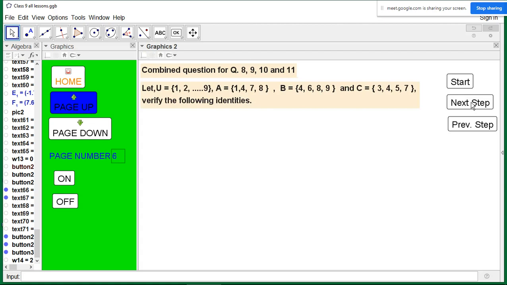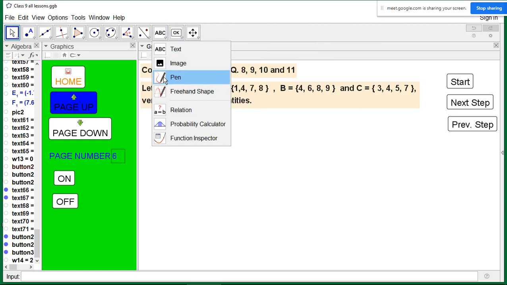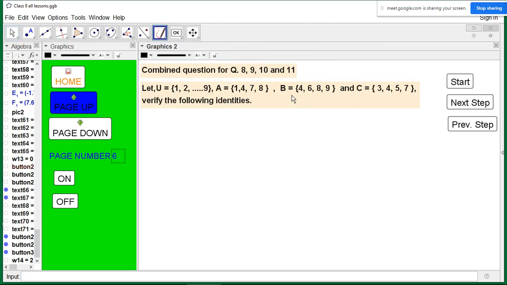Suppose the universal set has numbers 1 to 9. Set A is 1, 4, 7, 8. You can see here, dear students, the elements of set B also from here and set C from here.